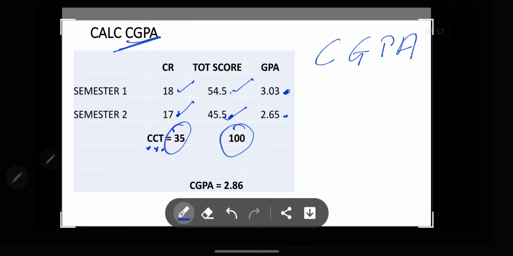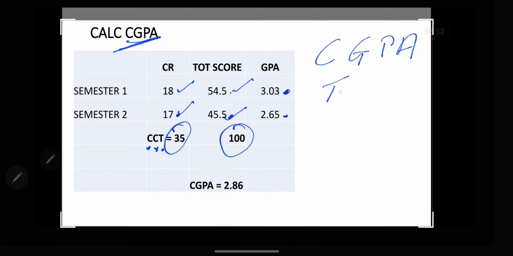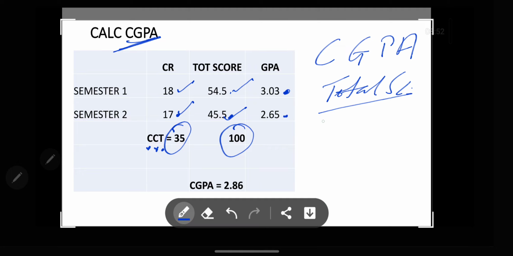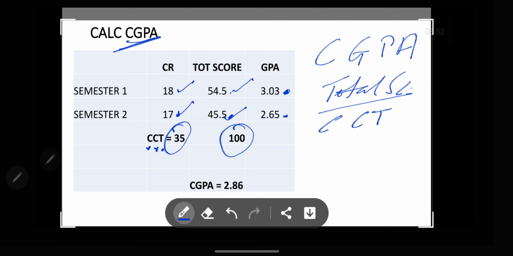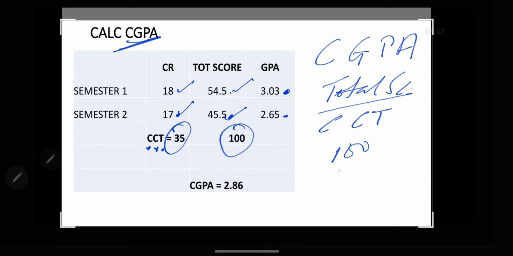Therefore, to find the CGPA, it has to be the total score over the cumulative credit taking. So the total score we get is 100, and the cumulative credit taken is 35.